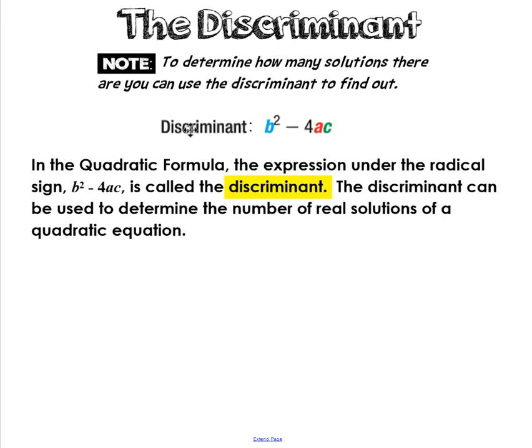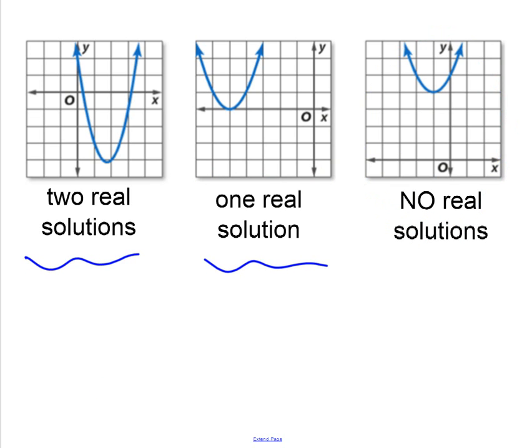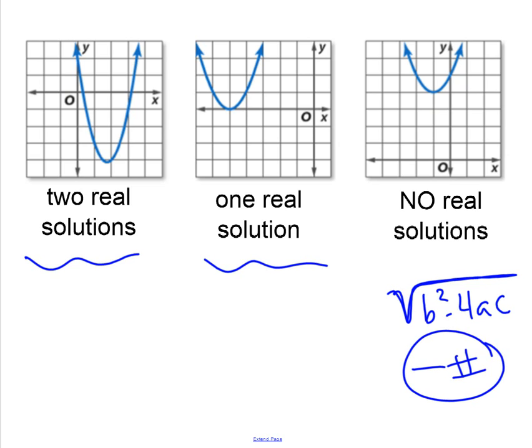Again, the discriminant is used to determine how many solutions there are, right? Now, I've really only talked about this situation, right? If the discriminant is negative, there's no solution. But you can also tell using the discriminant if there's one of these types of solutions. And it's pretty basic. I know it's going to sound confusing, but it's pretty basic. So if you take the square root of the discriminant, which is this, and you get a negative number, any negative random number, you have no solutions.